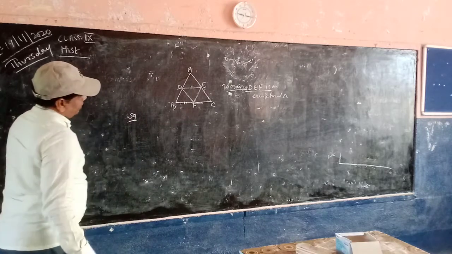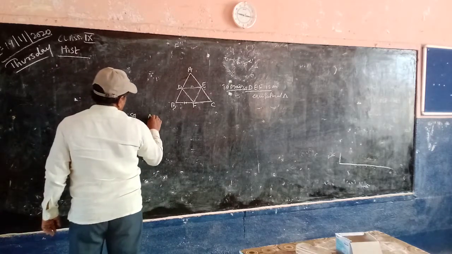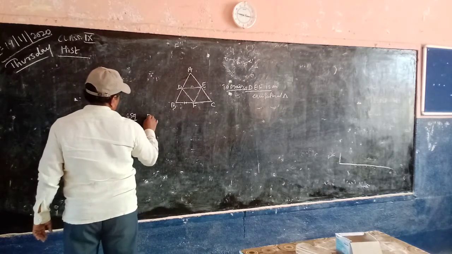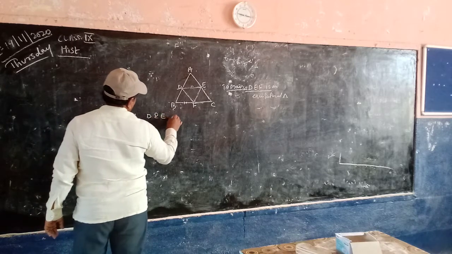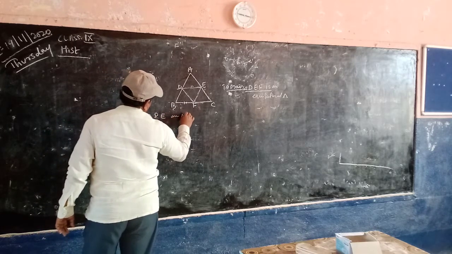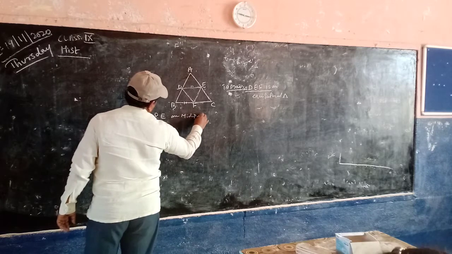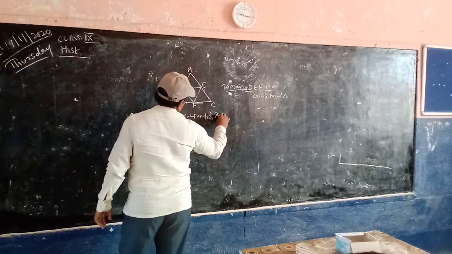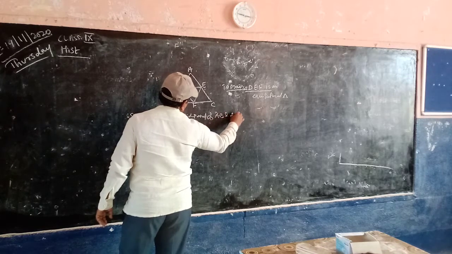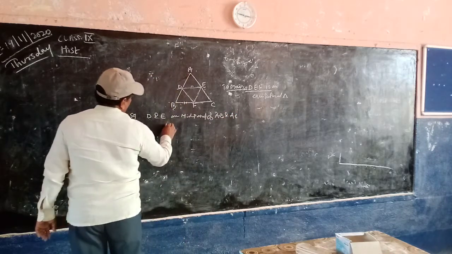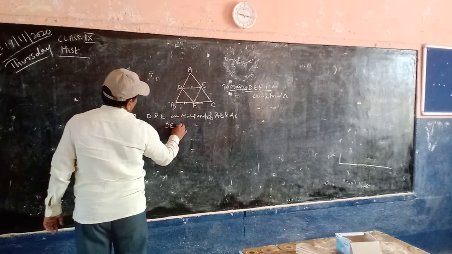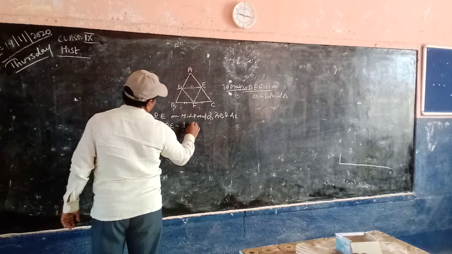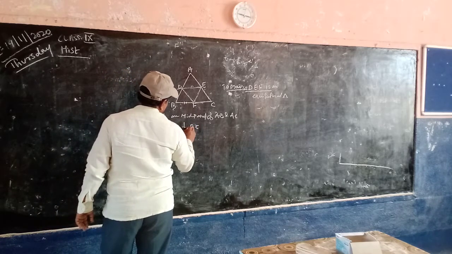Now the solution. D and E are the midpoints of AB and AC. So DE equals half BC.